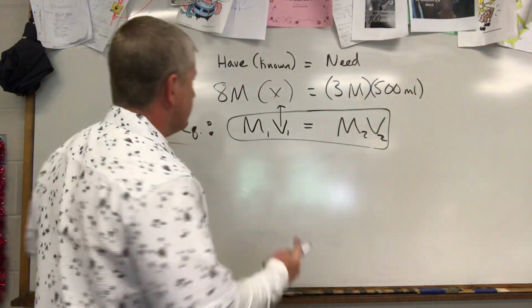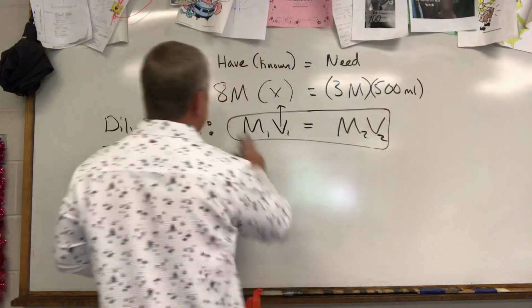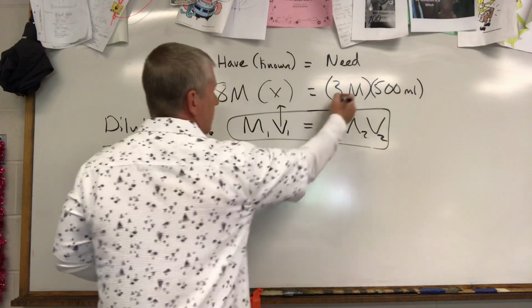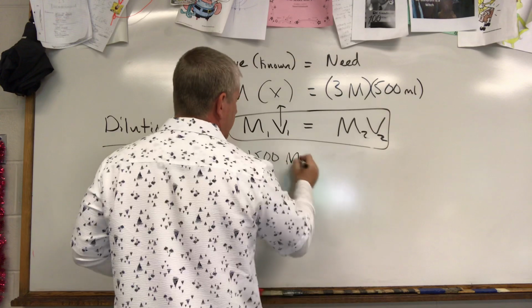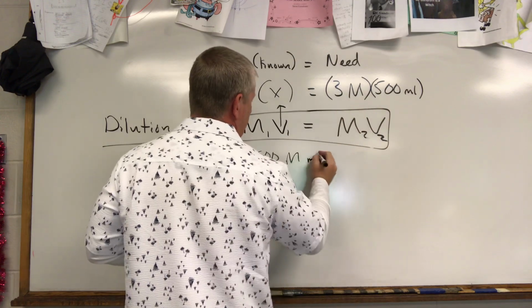Do the math. So that's 1,500 divided by 8. If I multiply 3 times 500, I get 1,500. I'll show you what happens to the units. That's M, molarity, mL.